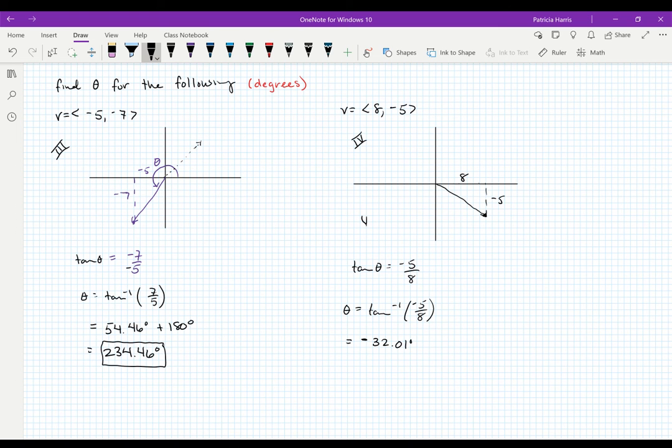I would like it in positive. Sometimes negative angles are okay with this; it depends on what you're doing. But another answer would be 327.99 degrees. The next video we're going to do scalar multiplication and see how that affects the vector.